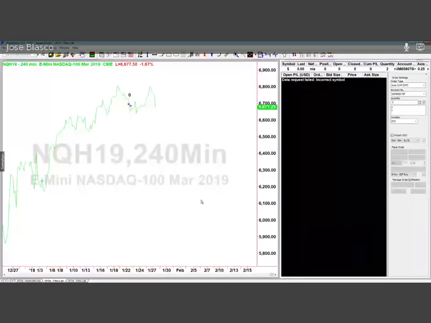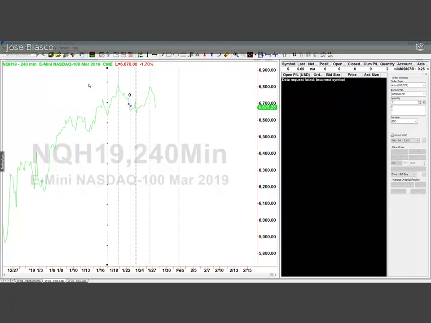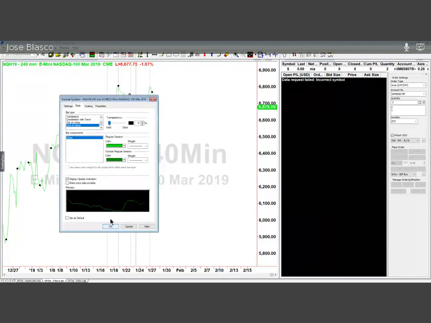So I can identify those obvious high, obvious low, obvious high, obvious low, obvious high, and obvious low. Okay, now back to my chart using candlesticks.